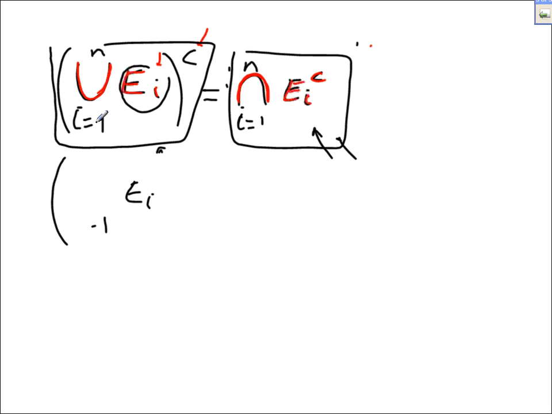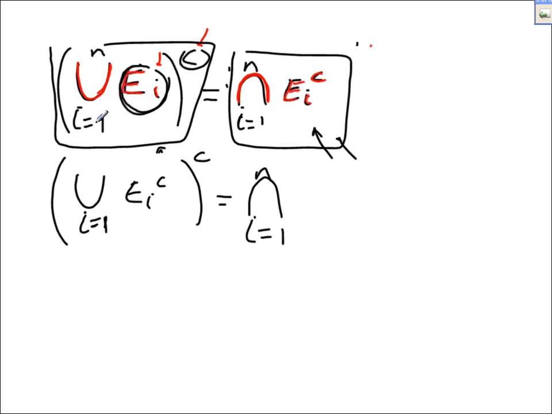I'm still going to have the complement outside, but I'm going to change the name of this set. I'm going to call it E_I complement. Okay, just the name. This is equal to the intersection as I goes from 1 to n. And remember, that's now E_I complement, but we take the complement of it. So we just get E_I.